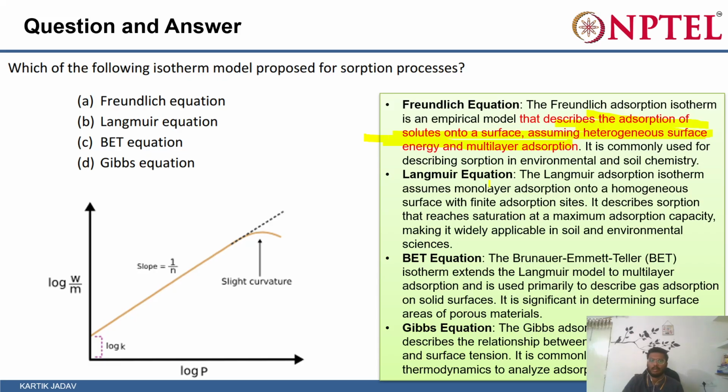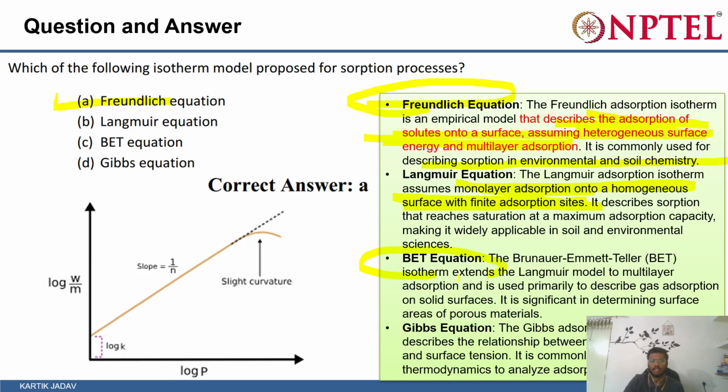While the Langmuir isotherm assumes monolayer adsorption onto a homogeneous surface with finite adsorption sites. It describes sorption that reaches saturation at maximum adsorption capacity. And the Freundlich isotherm is commonly used for describing sorption in environmental and soil chemistry. So the correct answer is option A.